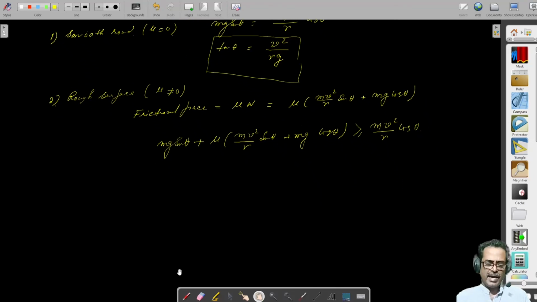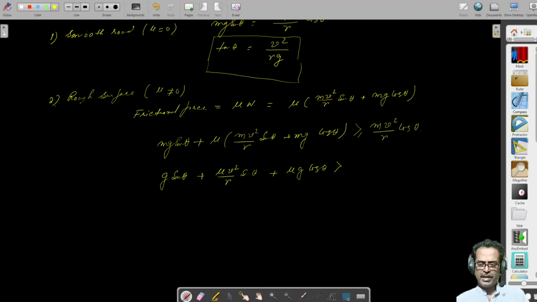Now cancelling m, we get g sin theta plus mu into v square by r sin theta plus mu into g cos theta greater than or equal to v square by r cos theta.